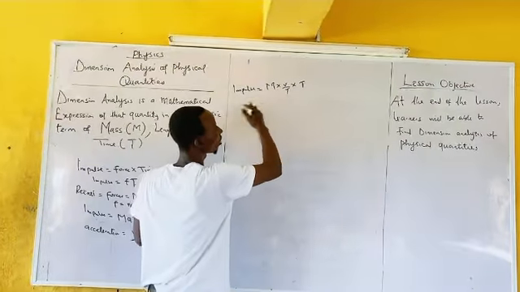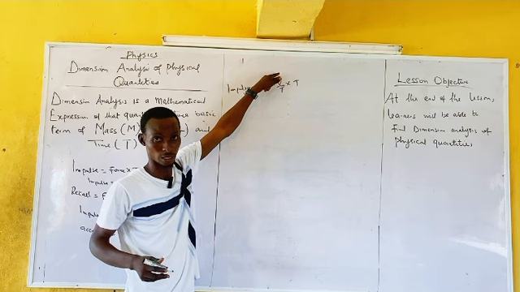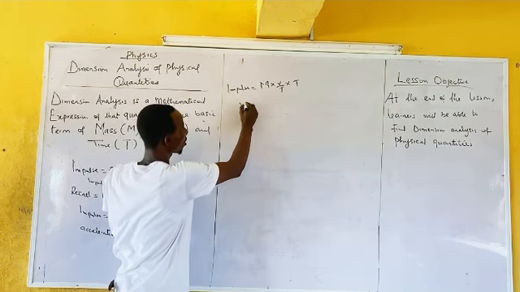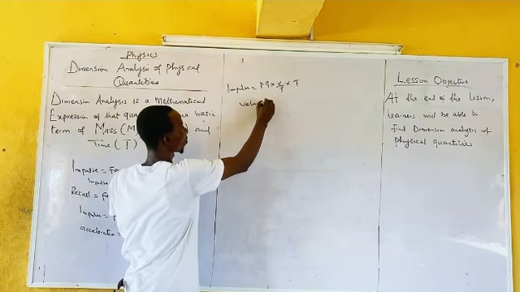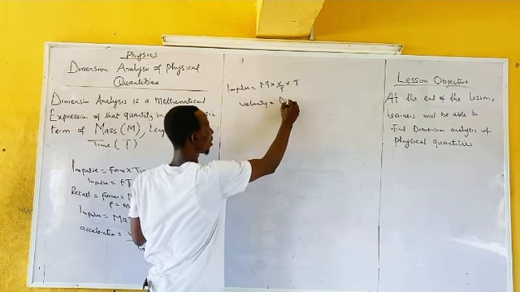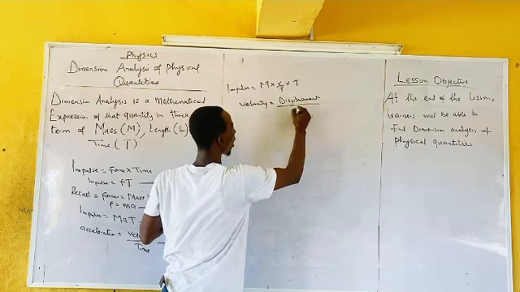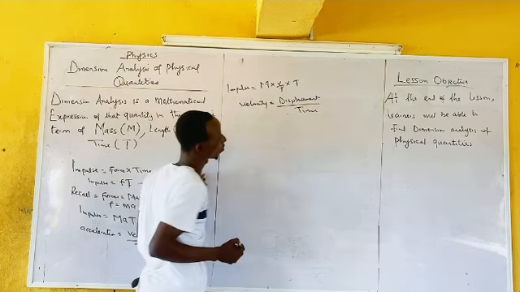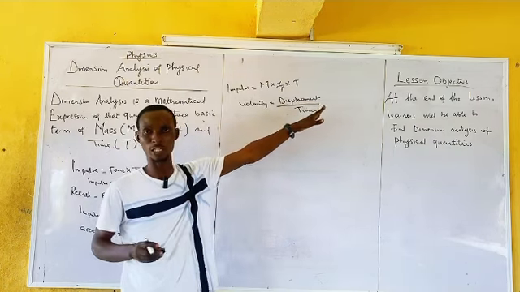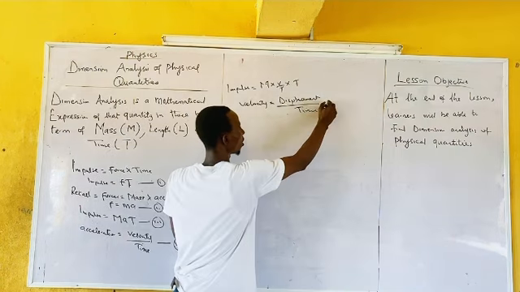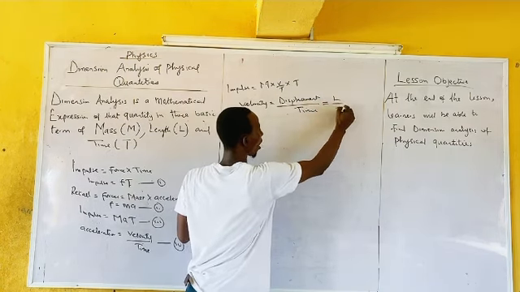So now it remains what? The velocity that is there. The velocity is equal to displacement over time. And we know that displacement is a dimension on its own, which is L. So velocity is L over t.